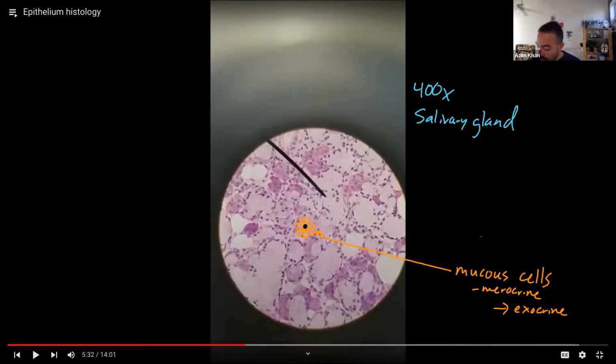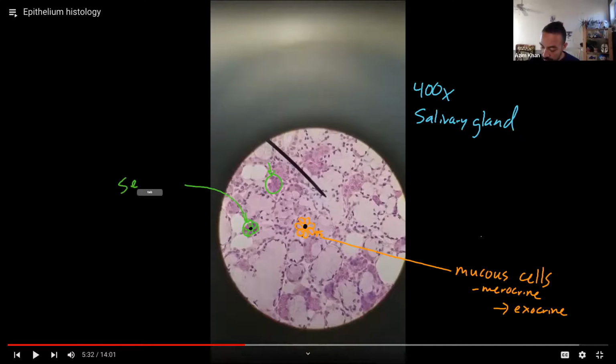Whereas darker ones, like this one here or this one here, are still simple cuboidal cells surrounding a lumen, but they're darker.